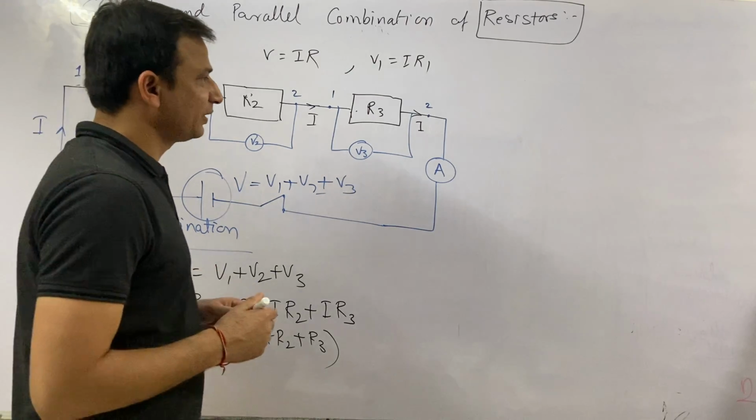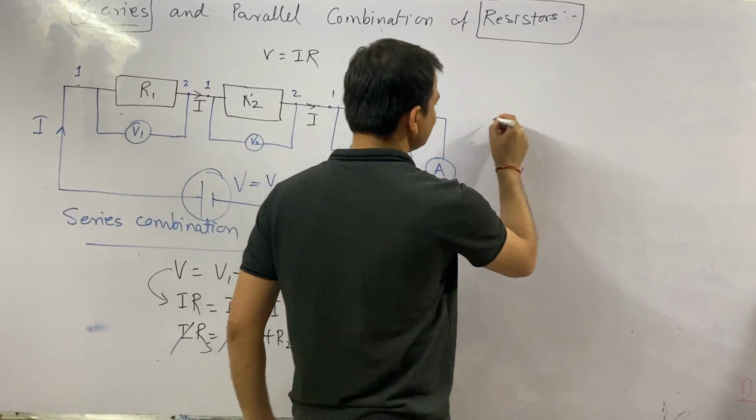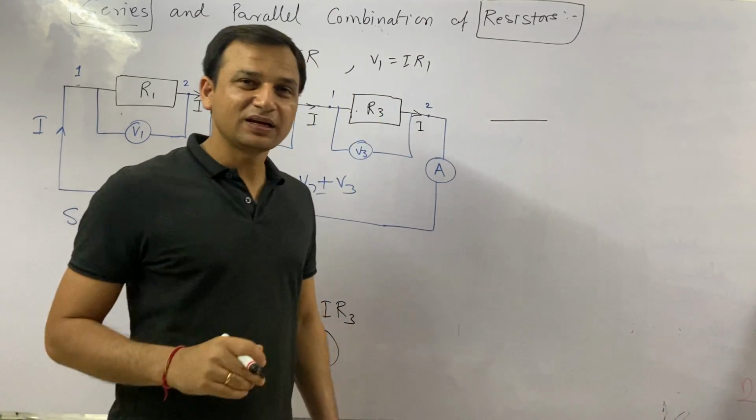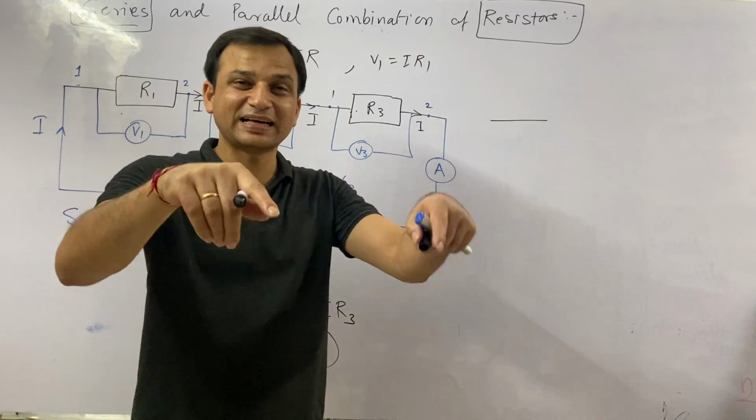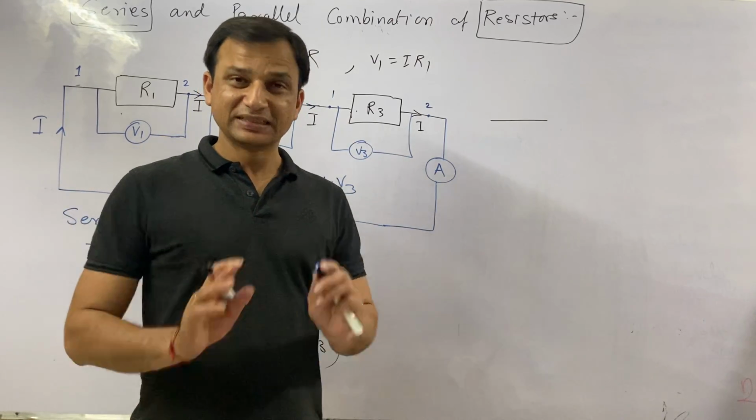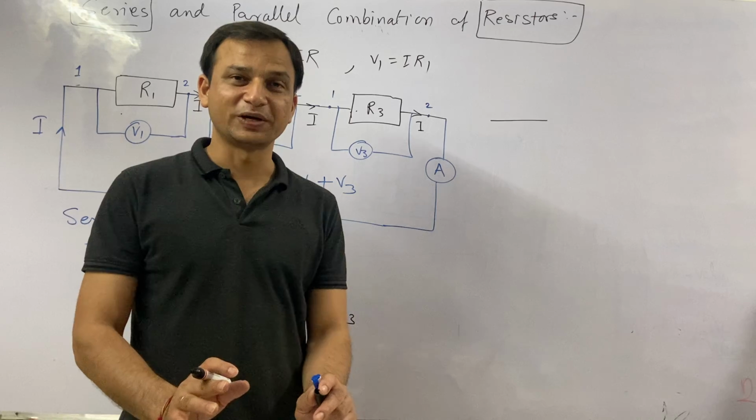Now, what about the resistance in parallel? So parallel means when both the hands of the resistor are connected with some other resistor. This is a very simple explanation.